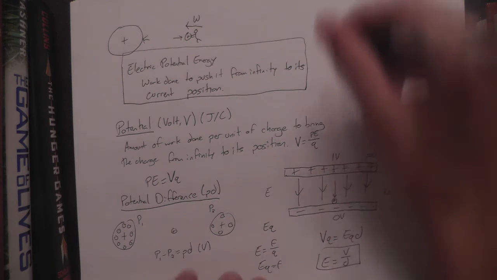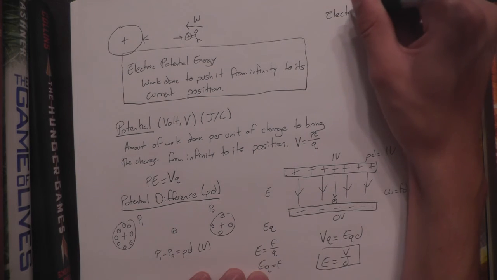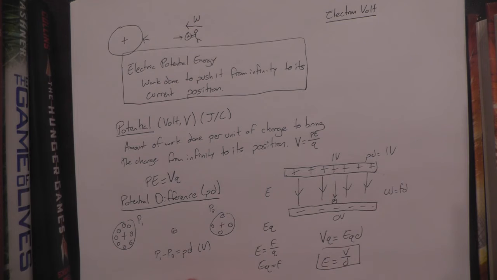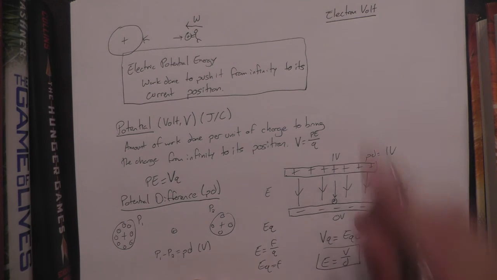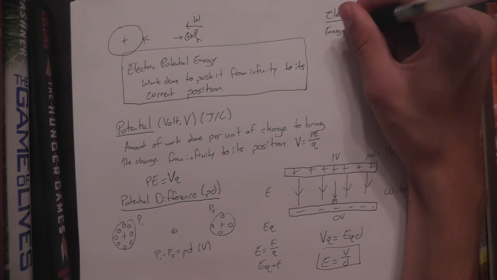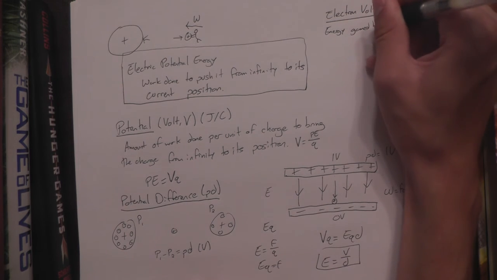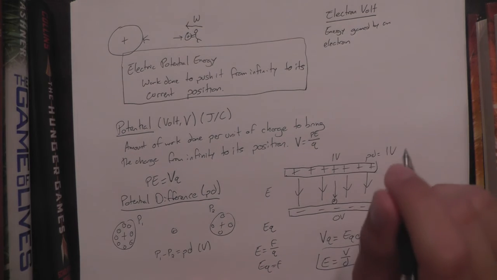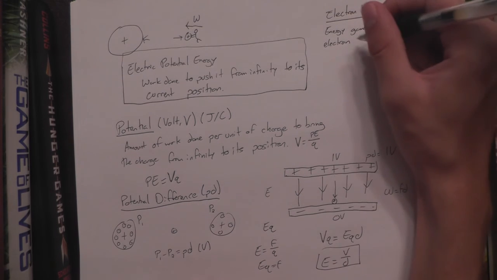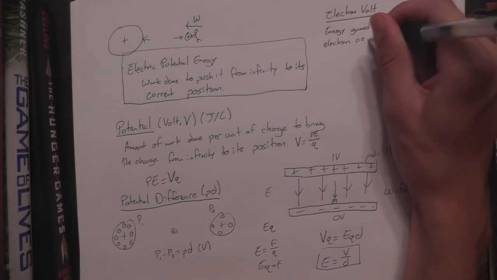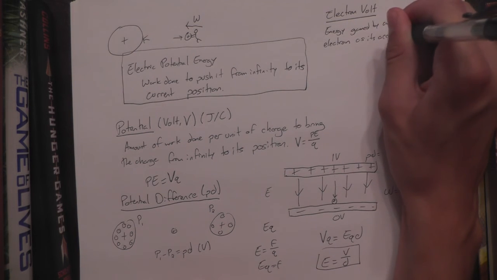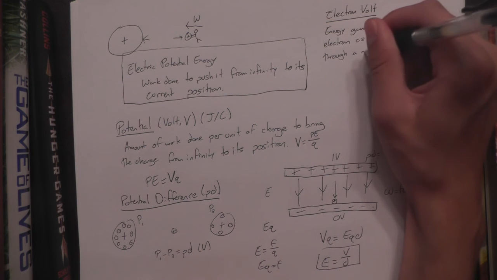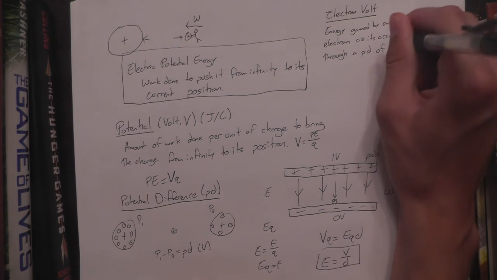So instead we use a term called the electron volt for charges, and that is simply defined as the energy gained by an electron as it's moved or accelerated, so there's a force pushing it, through a potential difference of 1 volt.